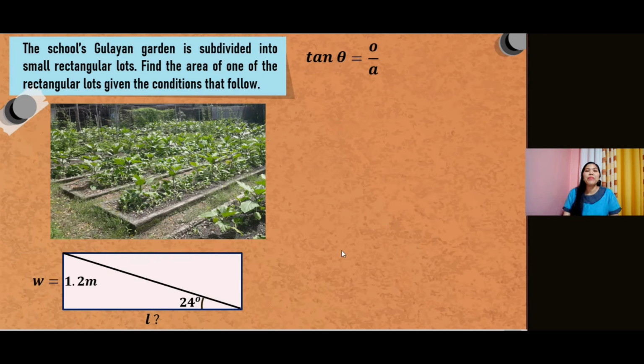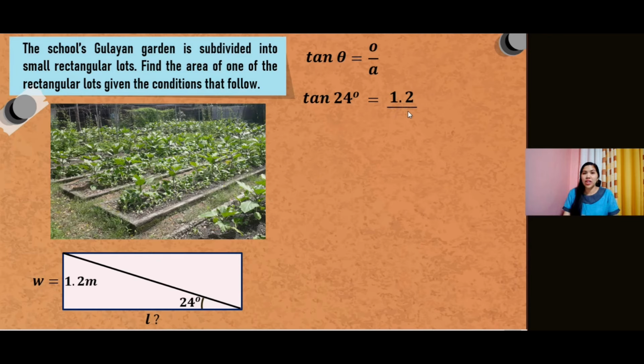Tangent ratio is equal to opposite over adjacent. Here, we replace theta with our angle of reference, 24 degrees. So you have tangent of 24 degrees equal to the opposite, 1.2 meters, or you can just write 1.2, over the adjacent.